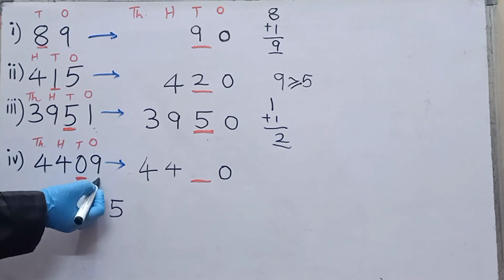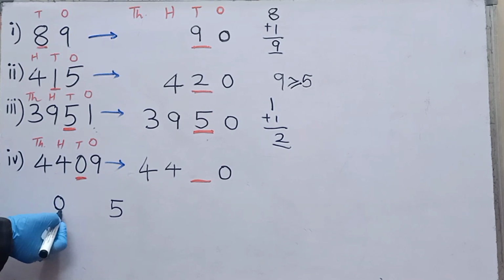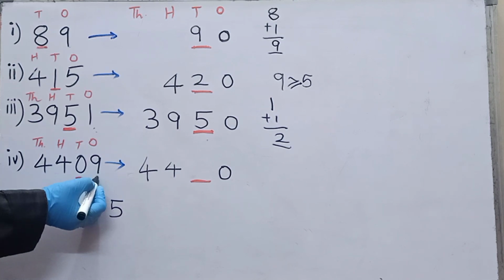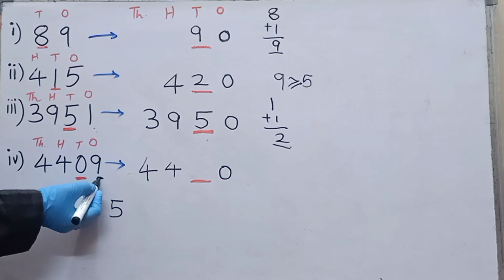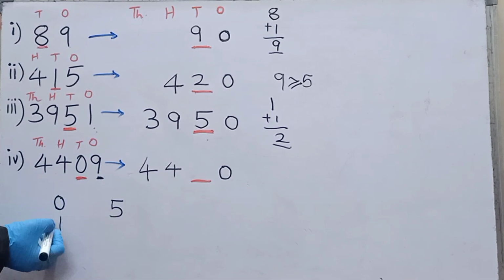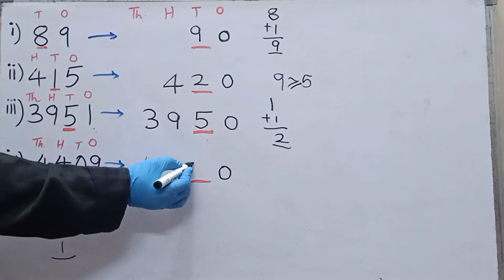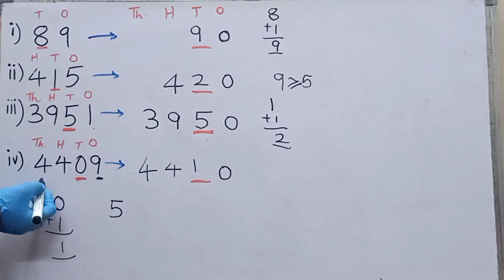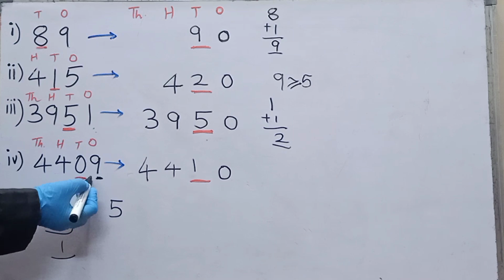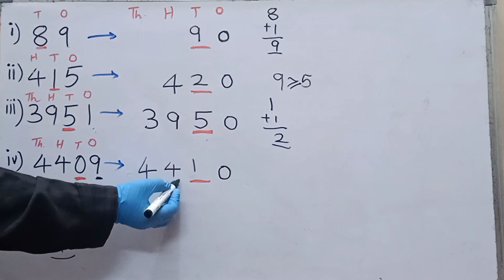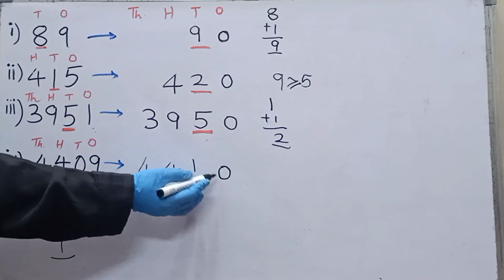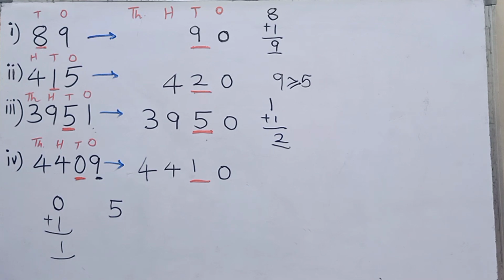Then we will write the tens place number in the rough column and check the ones place number. Since 9 is greater than 5, we will add 1 here. 0 plus 1 is 1. So in tens place we will write 1. So 4409 is rounded off as 4410. Okay students, is it clear?